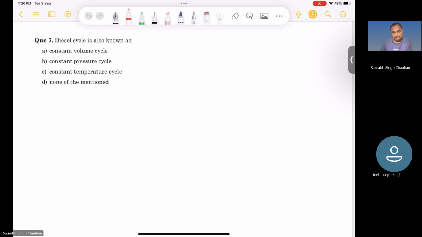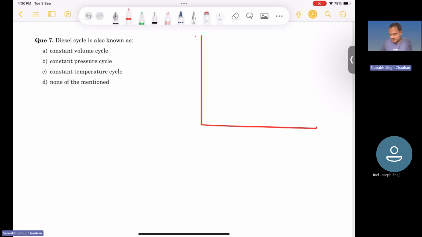So if you can write the answer in the comment section, it will be great. Or otherwise, I will make the PV diagram for the diesel cycle. This is pressure, this is volume.